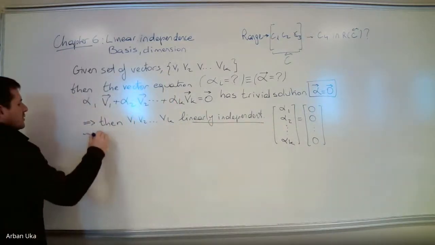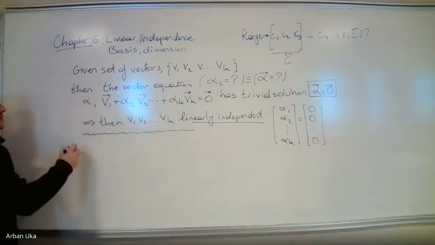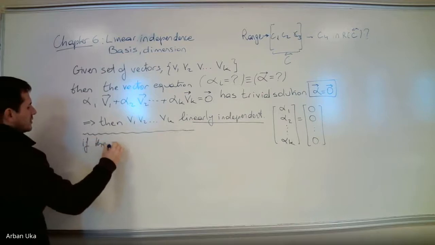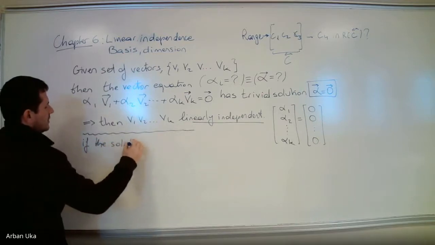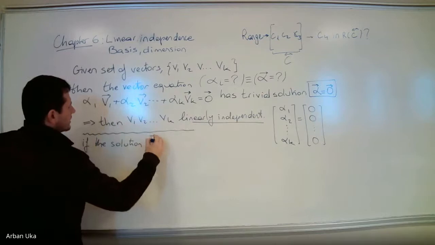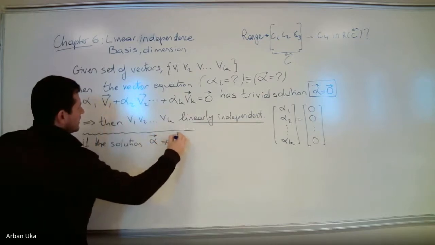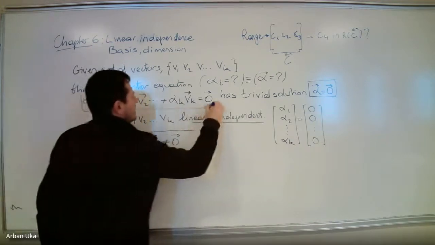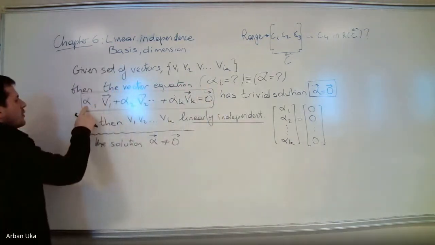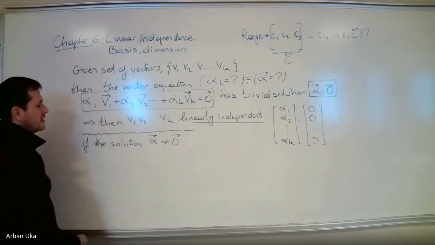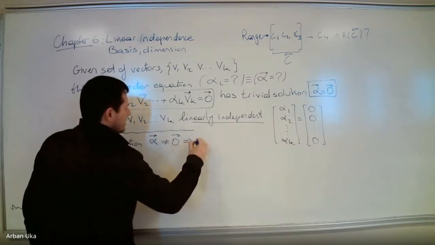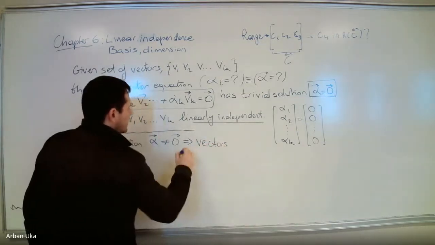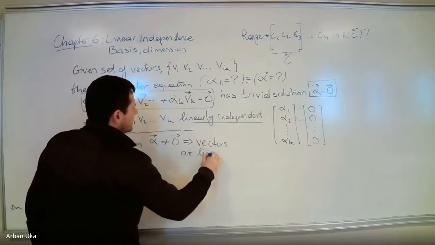We can also give the other definition, which would be the following. If the solution vector alpha is different from 0, so if we can write this equation equal to 0 for coefficients alpha 1, alpha 2, up to alpha k different from 0, this implies that the vectors that were given are linearly dependent.